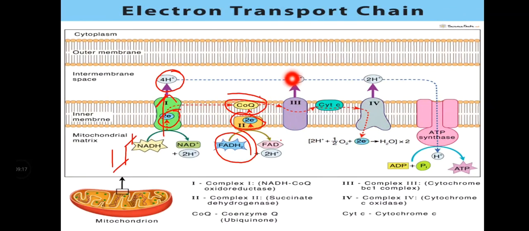Now, remember that in the intermembrane space, there was an aggregation of protons here. You created what is known as the proton motive force, or a proton gradient that was created. So this proton gradient is the one that now comes back here to pass through the ATP synthase.